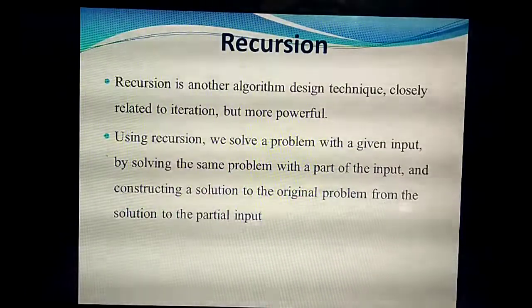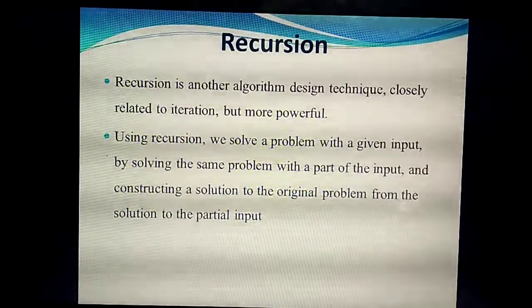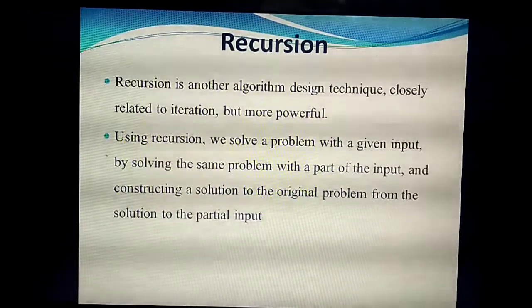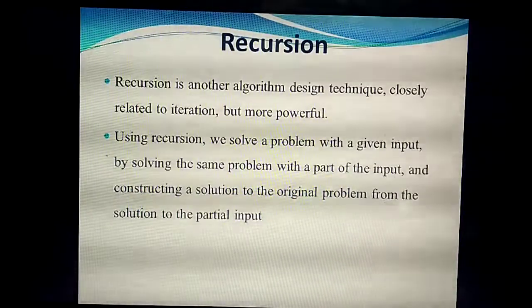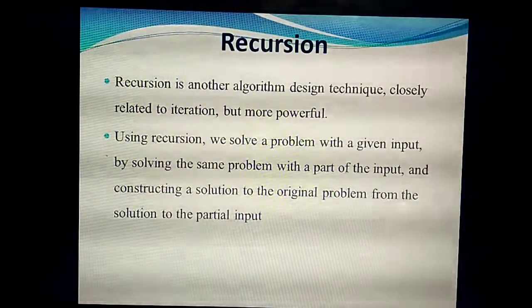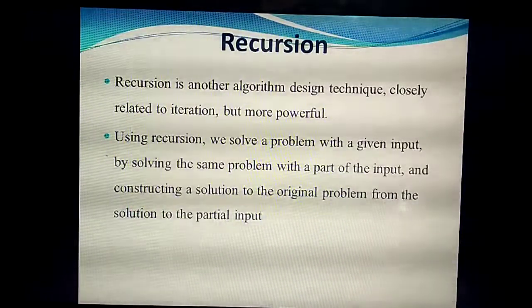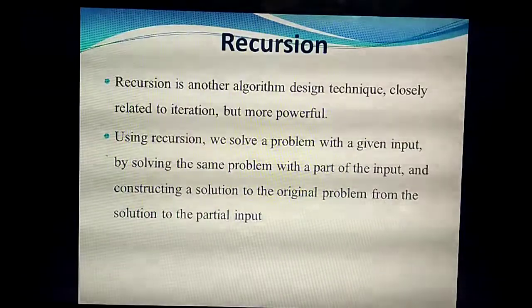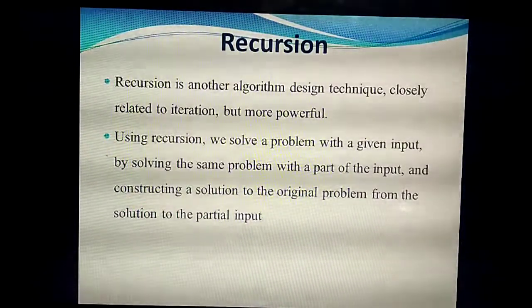Listen. You are going to solve one problem. Consider one mathematical problem. In a mathematical problem, they will give a lot of inputs. What do you mean by input? If you start a solution, what is the first step you will do? You write down what is given. That is called input.